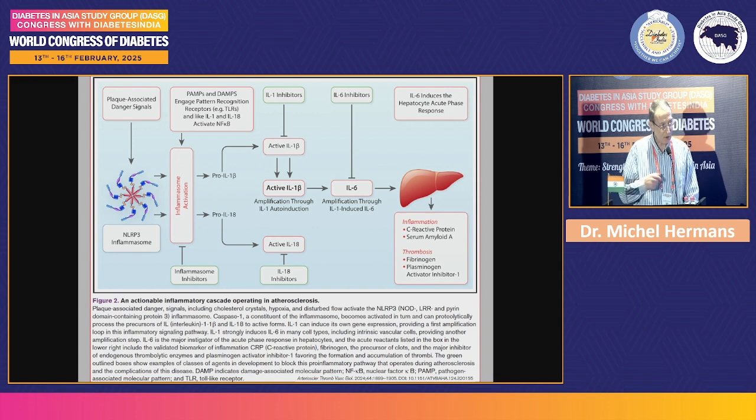We can start from the pro-inflammatory cascade from the left to the right, starting with the inflammasome and microtubules, down to activation of pro-inflammatory cytokines such as interleukin-1 beta and interleukin-18, and then the downstream activation of interleukin-6, which itself will activate inflammatory proteins in the liver, such as CRP, which is a recognized marker of inflammation, but that's not the only protein that will be activated by the liver. So all these could be targeted by various interventions.